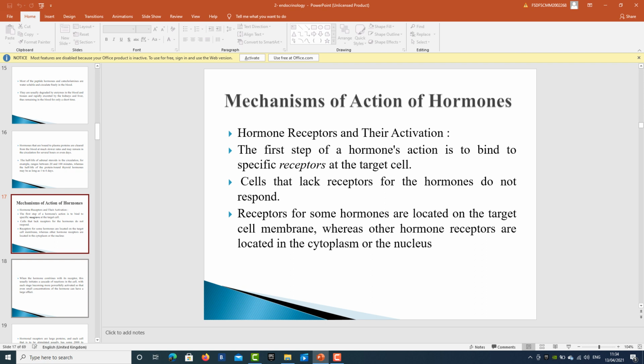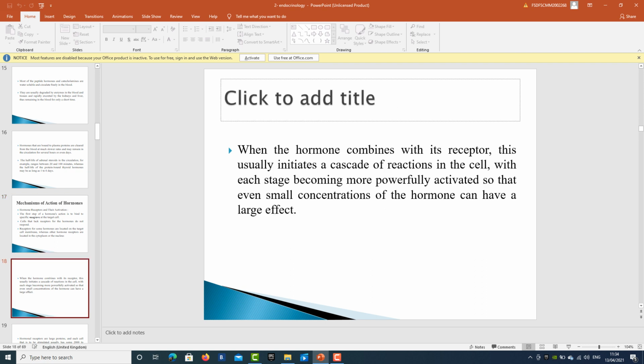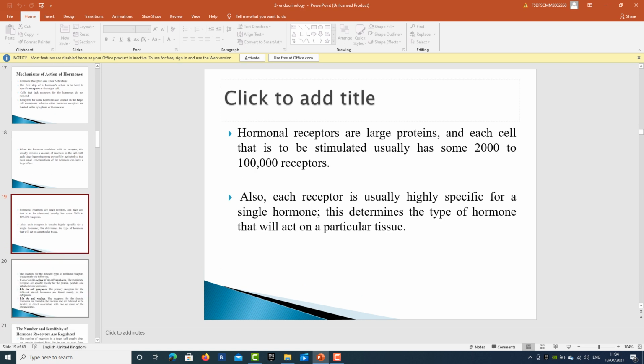Receptors for some hormones are located on the target cell membrane, whereas other hormone receptors are located in the cytoplasm or the nucleus. When the hormone combines with its receptor, this usually initiates a cascade of reactions in the cell, with each stage becoming more powerfully activated, so that even a small concentration of the hormone can have a large effect.